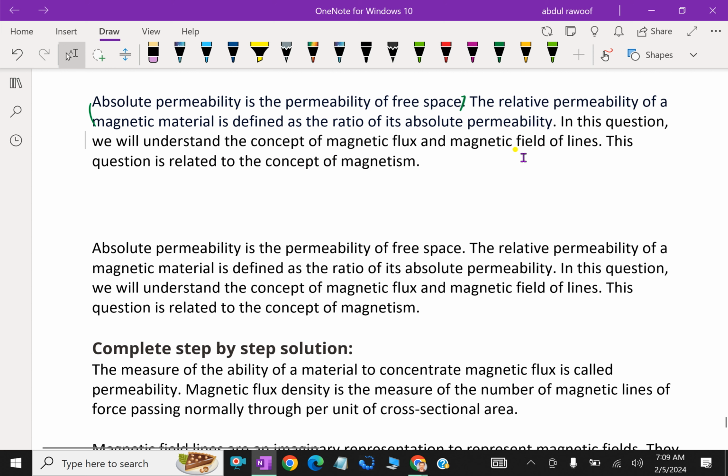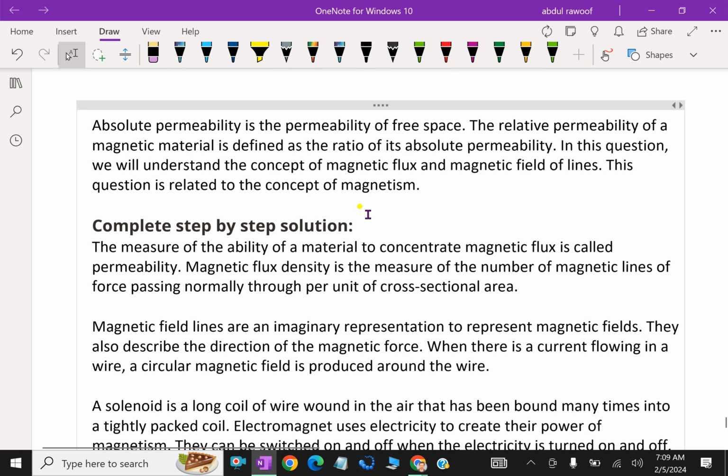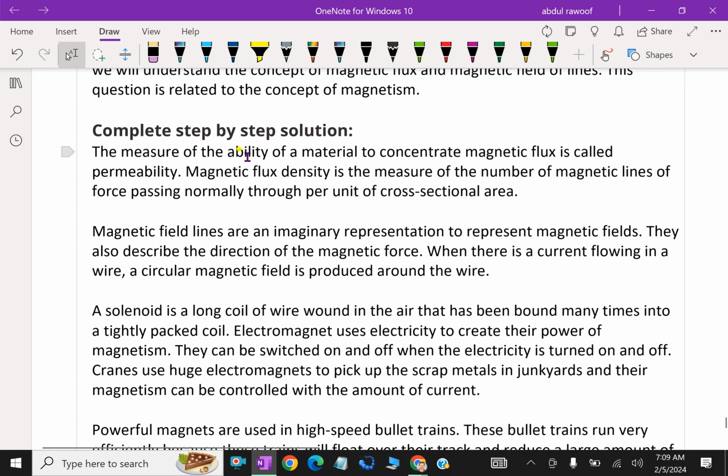Here, we have to define what magnetic field lines are, how far they go, and what density they spread with. Then we can define the complete step-by-step solution.